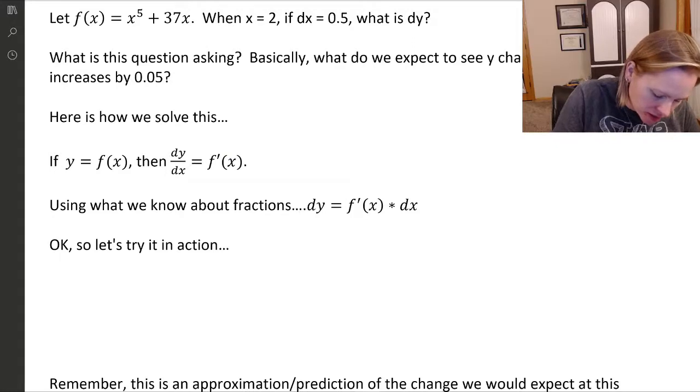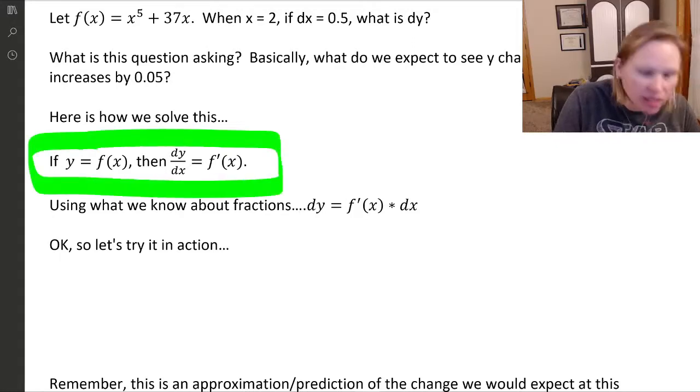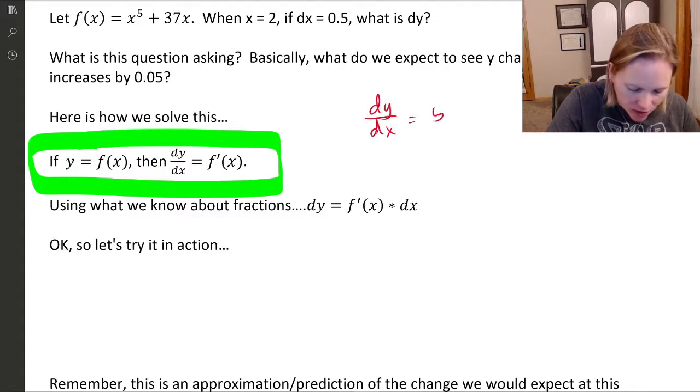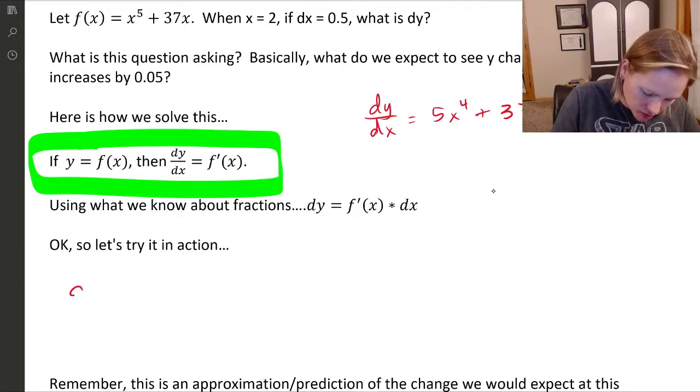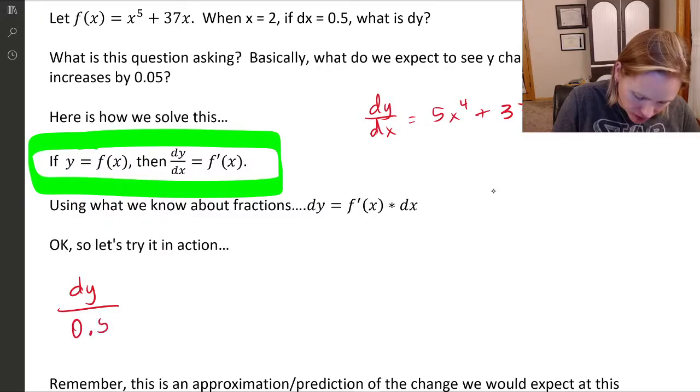So let's highlight this. If y is f, then dy/dx is f prime. So let's find dy/dx. dy/dx is 5x to the 4th plus 37. So if dx is 0.05, here we go, dy over 0.05 equals 5x to the 4th plus 37.